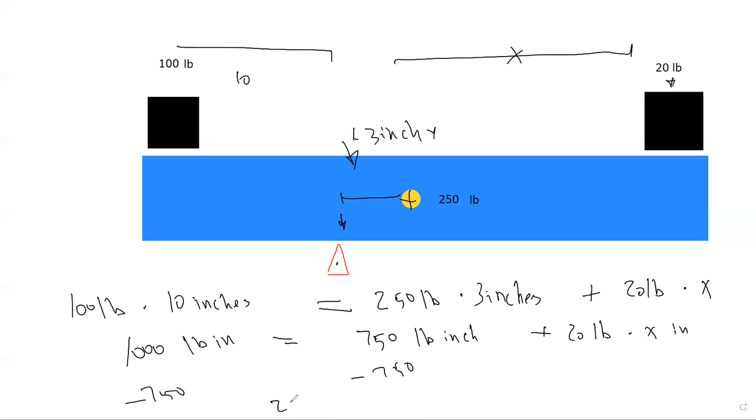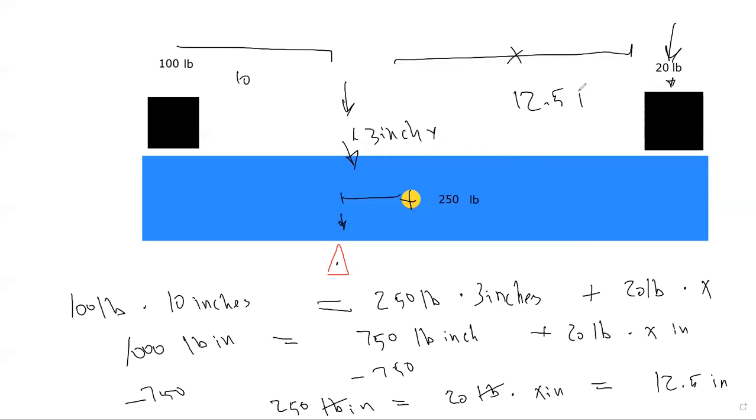That should get 250 pound inches equals 20 pounds times some unknown distance. We divide the two, so 250 divided by 20, that should give us, again, our pounds cross out, and we're left with our distance is 12.5 inches. So the distance we need to place this 20-pound weight from the fulcrum to balance the system is 12.5 inches.